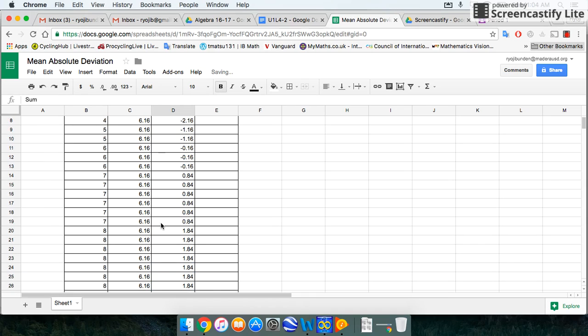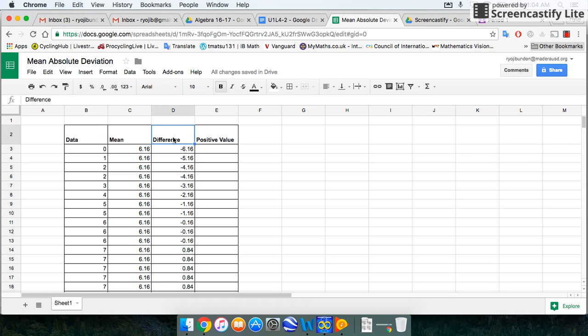Okay, so the third column, the difference column, measures each individual variability. We have this data value of 0. The average is 6.16. So that means the 0 is off of the average by 6.16 values below it. This value of 1, again, the mean is 6.16, so this is off by negative 5.16.